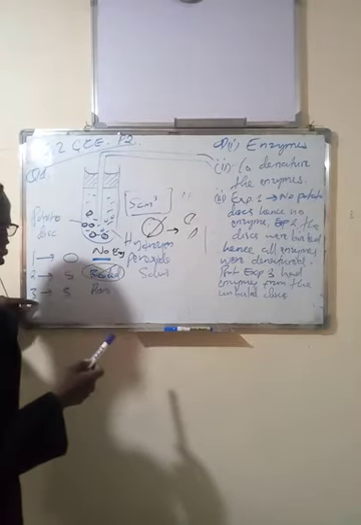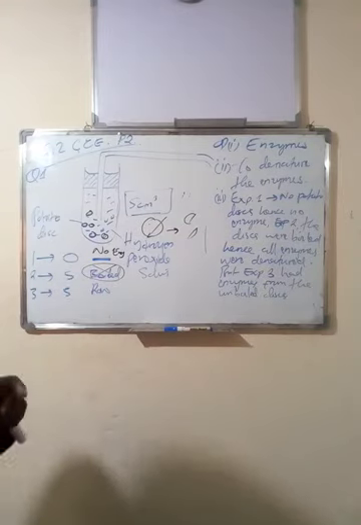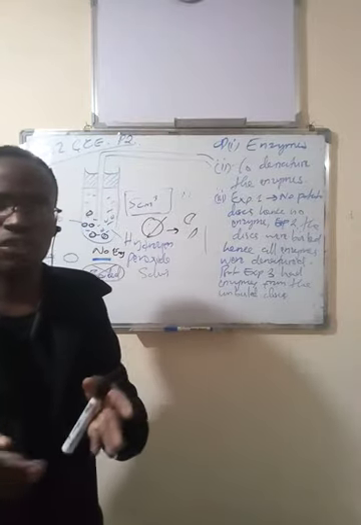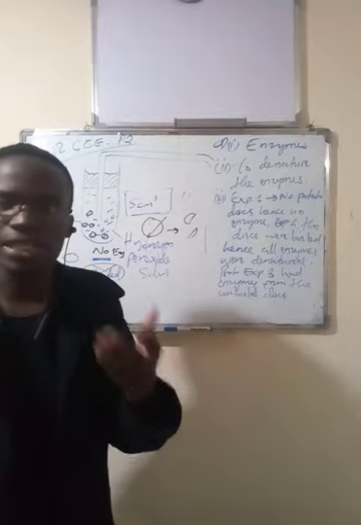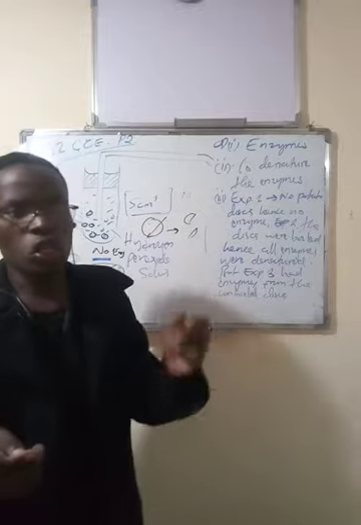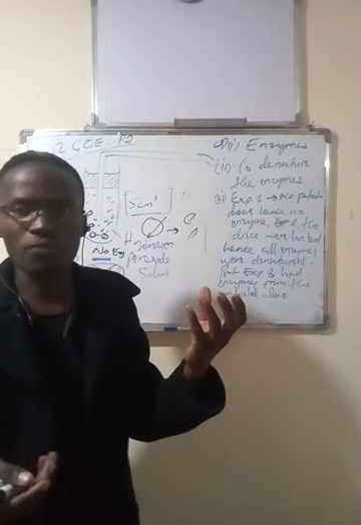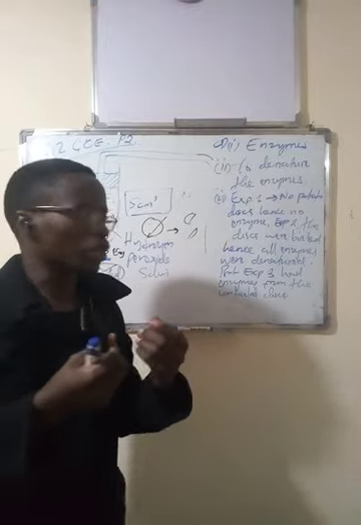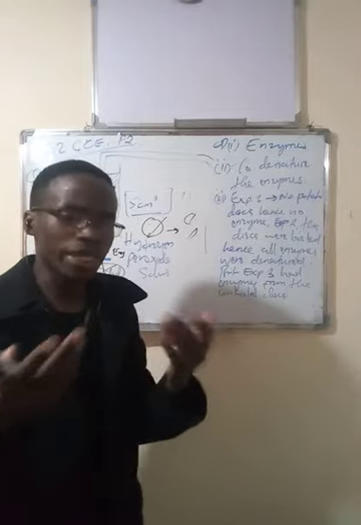Remember, we said the factors that affect the rate of the reaction are the presence of enzymes and also substrate concentration. So the more enzymes or the more substrate we have, if we increase any of these, the amount of product, in this case oxygen, is also going to increase.